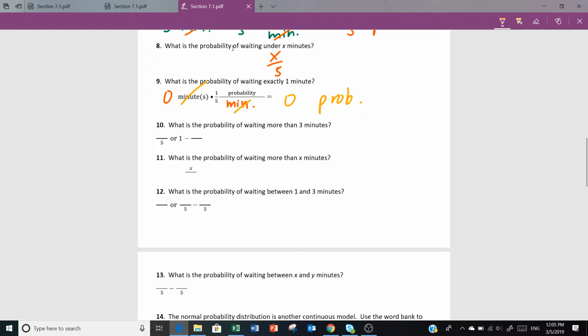Exactly. Unless it was under 0 minutes, then it would also be 0, because there's no probability under 0 minutes. That's different for discrete. With discrete graphs, we were used to being given the probabilities for 0, 1, 2, 3, 4, and 5, so we can get probabilities for them. It's not that we don't get probabilities for exact numbers in continuous models, it's just they're all 0. The probability of 1 is 0, the probability of 2 is 0.